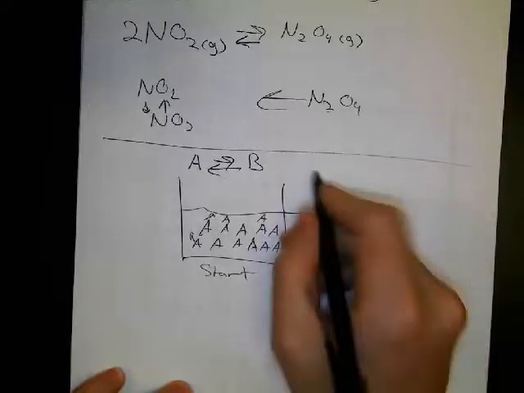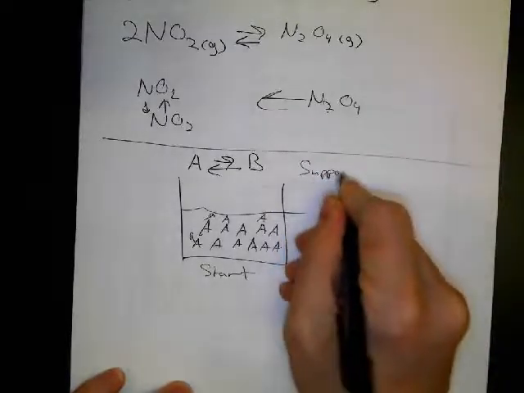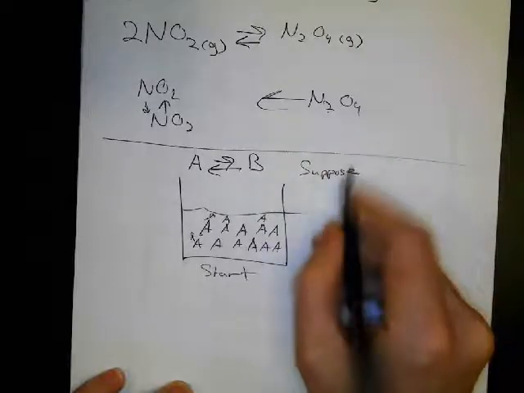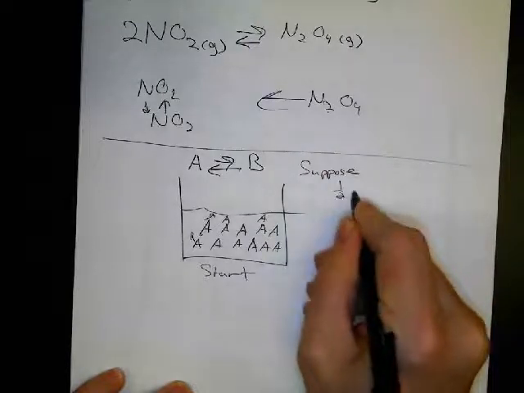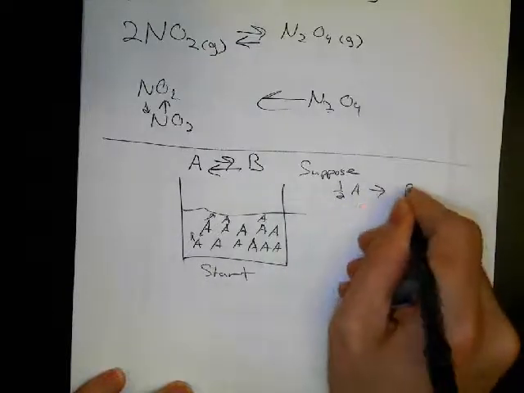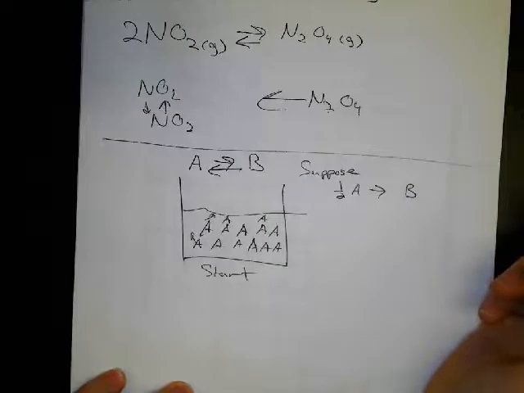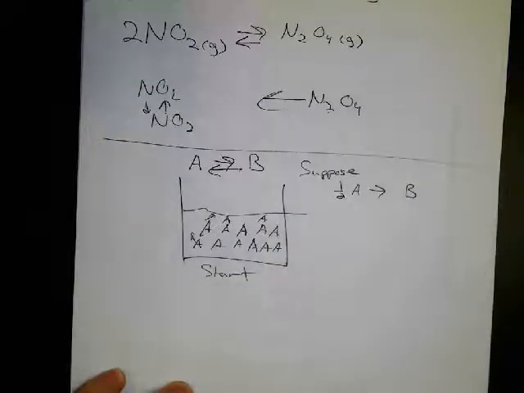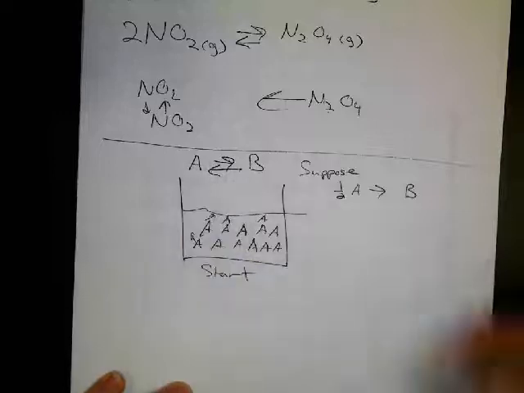Let's suppose that for this reaction I've created, 1/2 of all the A's at any given moment are going to try to react and turn into B's. That's the rate of the forward reaction, the reaction in which A's turn into B's.